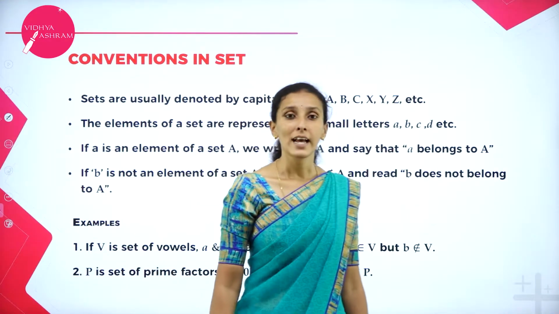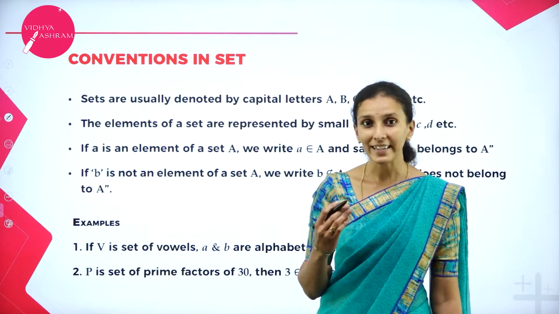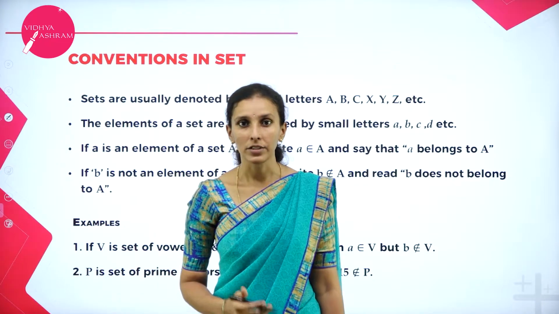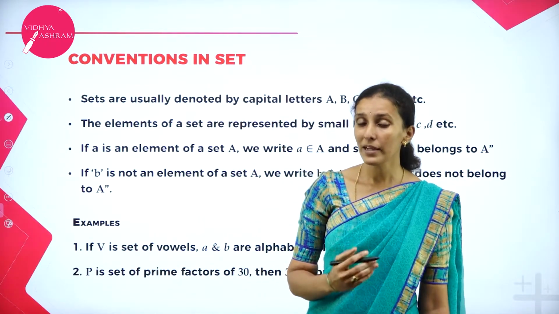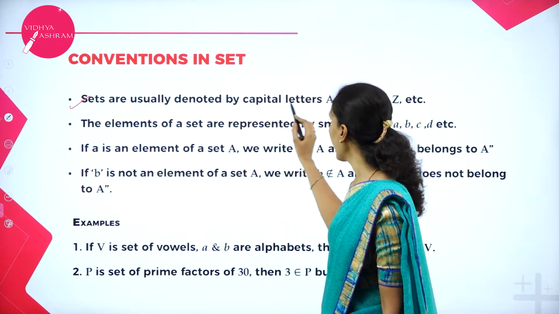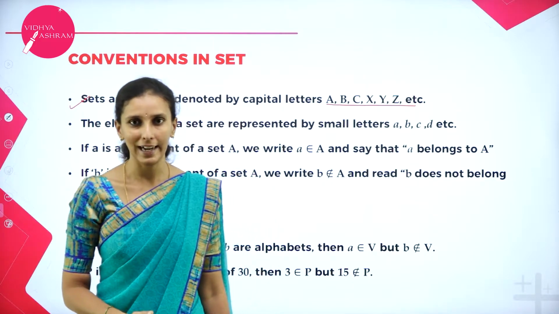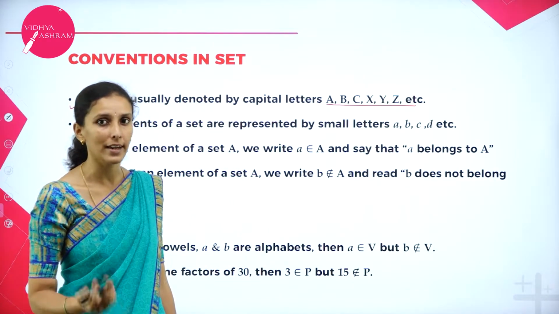Next, we come across conventions in a set. The convention is how we write a set, how we denote a set, and how we write the elements in the set. See here, sets are usually denoted by capital letters A, B, C. Any alphabet letters can be used to denote a set.